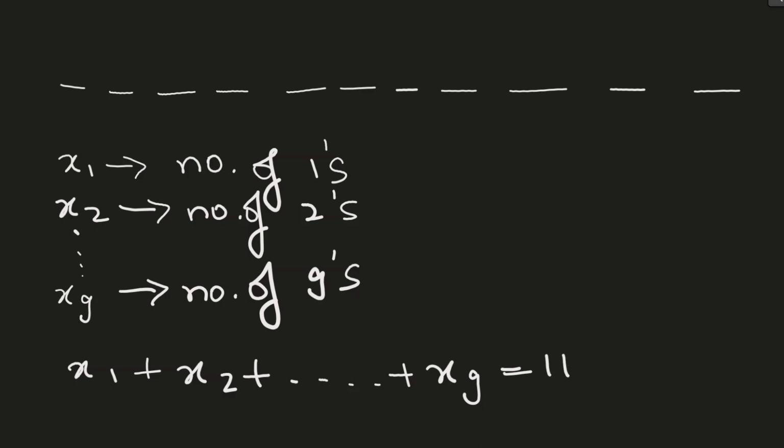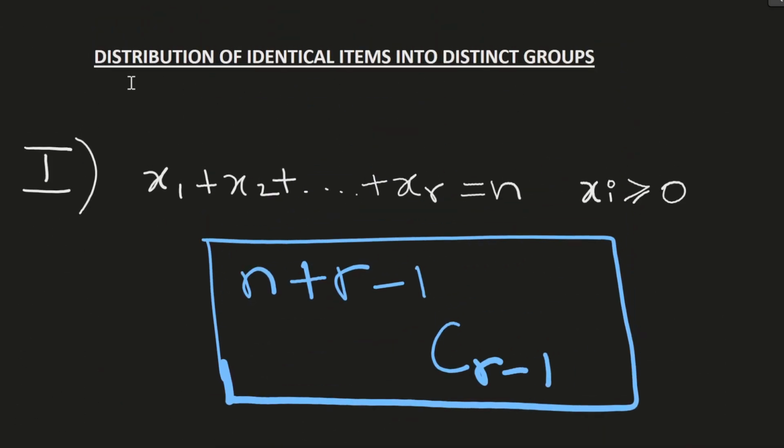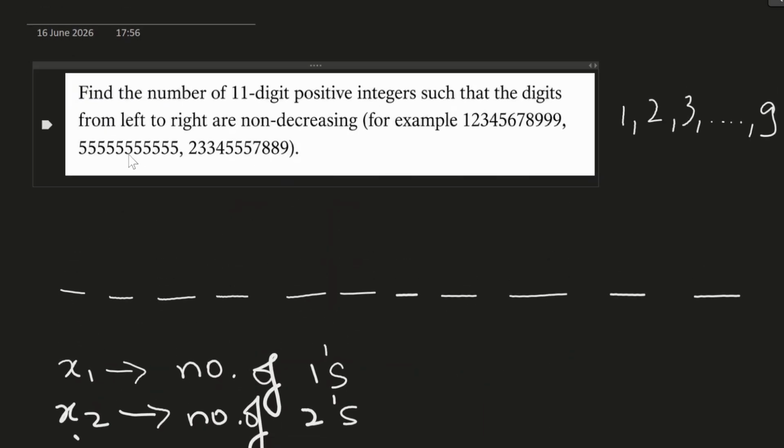Why we have taken this case is because we're going to be using the first concept, wherein x1, x2, x3 all the way up to x9 are whole numbers. Why whole numbers and why not natural numbers is because there can be a case where we may not use x9, where we may not have a single digit of 9, like you saw in the example over here.